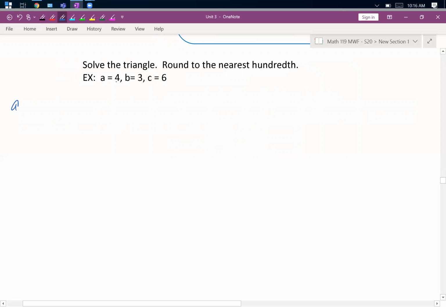4 squared is going to be equal to 3 squared plus 6 squared minus 2 times 3 times 6 times cosine of A. We'll do a little cleanup here.